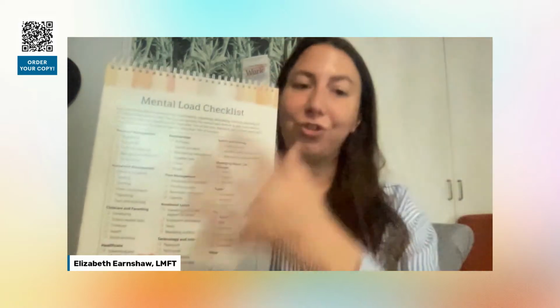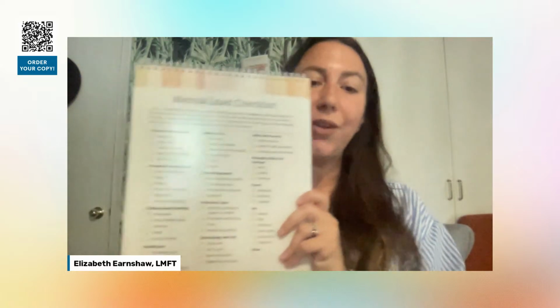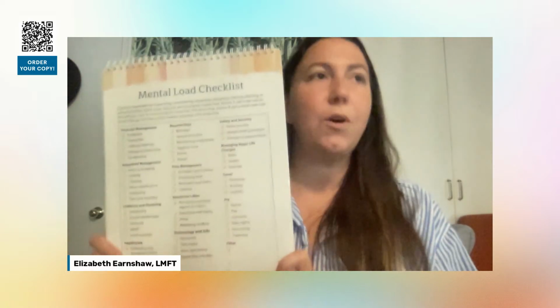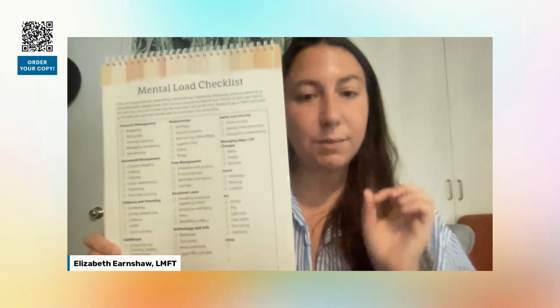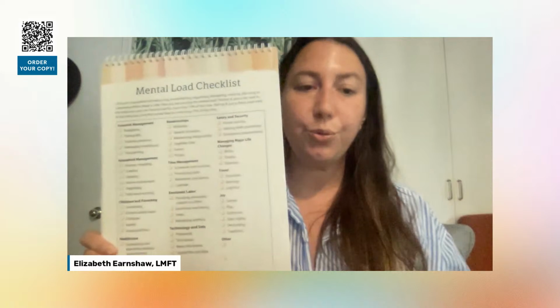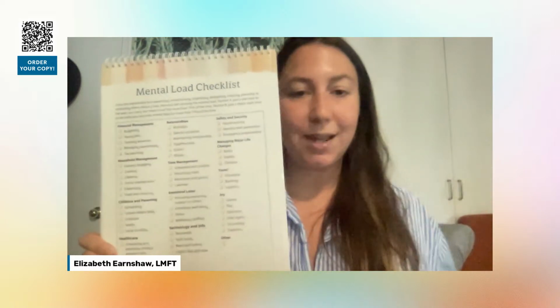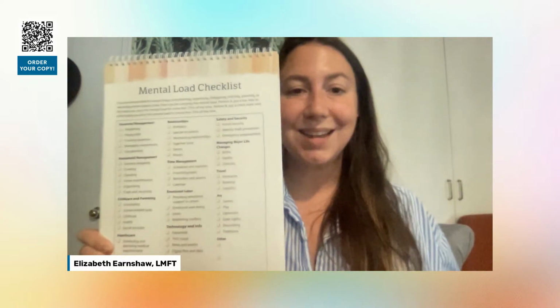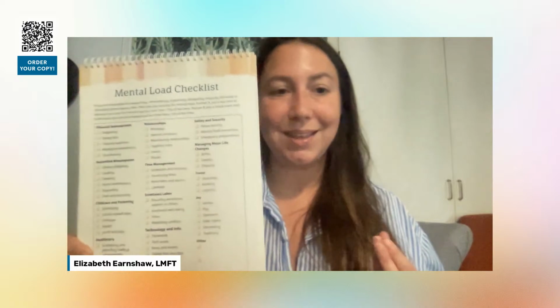So then you can use this sheet in another way where you say, let's look at this together. Things don't need to be completely equal. Things don't need to be completely 50-50, but they need to be fair. So together, can you go through this sheet and decide who's going to take ownership of each thing? And if neither of you can, does it mean that it gets thrown in the trash and you don't do it anymore?